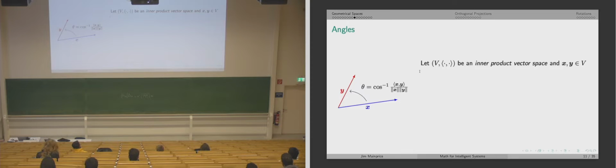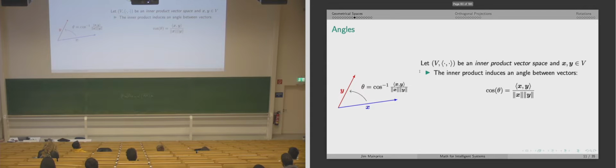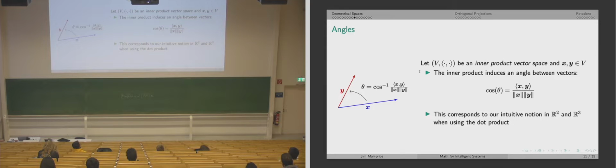And so if we have an inner product vector space, meaning the tuple of a vector space and an inner product structure, which again can be only defined in coordinates by a single matrix, then the inner product induces an angle between the vectors, and this corresponds to our intuitive notion of angle in R2 and R3. When using the dot product here, meaning when the matrix associated with the inner product. So what is the matrix associated with the inner product when we're using the dot product?